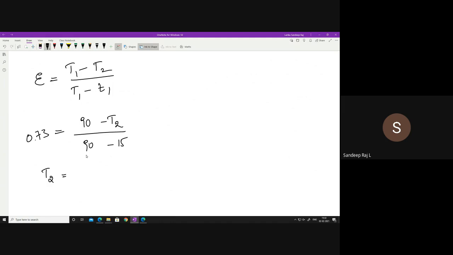T2 value ఏమవుతుంది? 35.25 degrees centigrade. Okay, that is your T2 value. So T2 is done. So how to get the value of small T2? Small T2 ఫైండ్ చేయాలా? దీనికి ఎలా చేయాలో చెప్పండి.